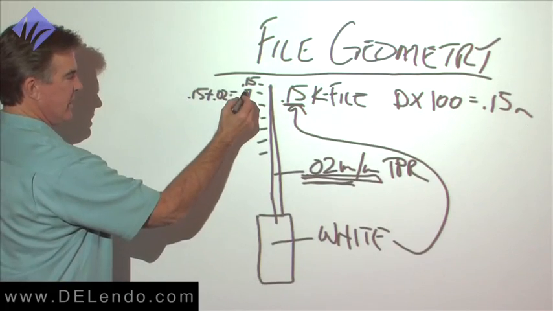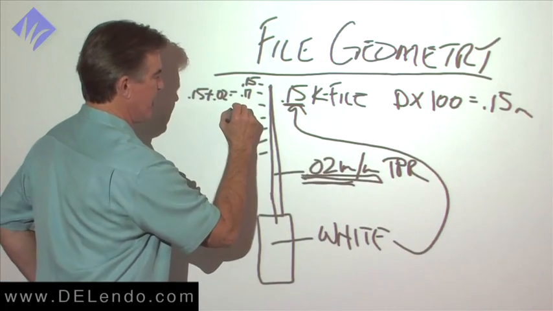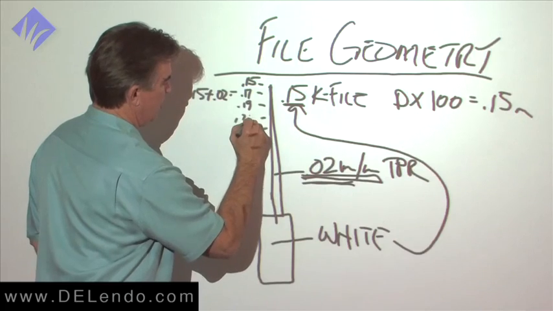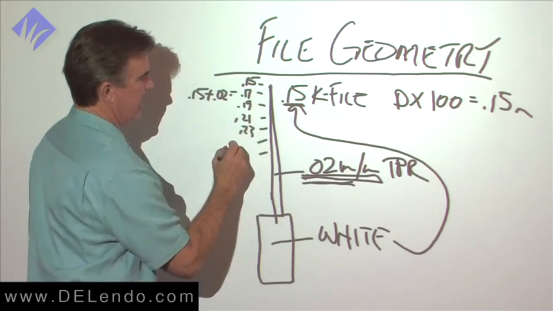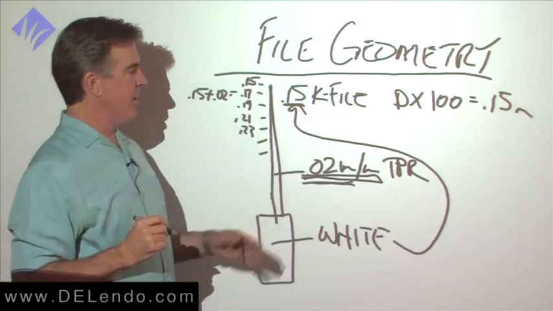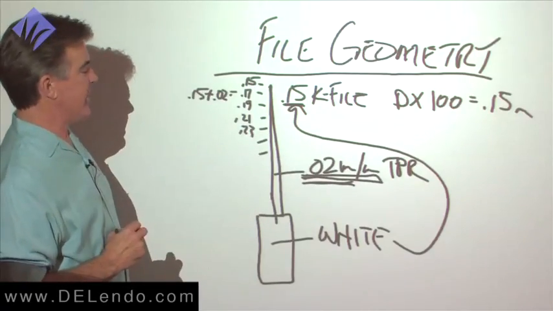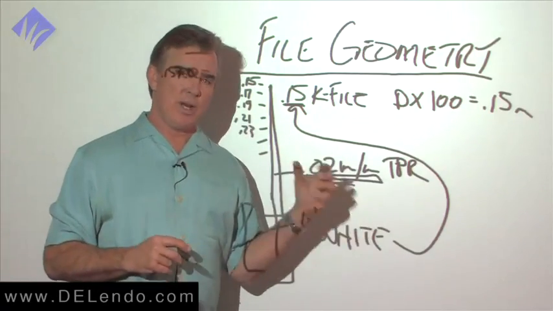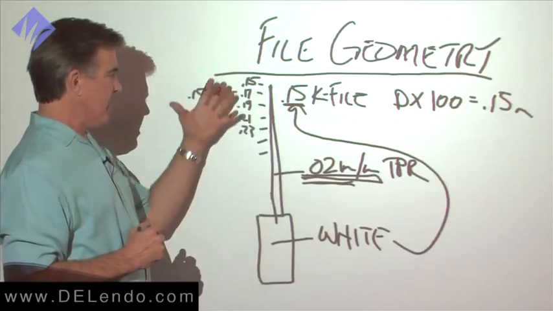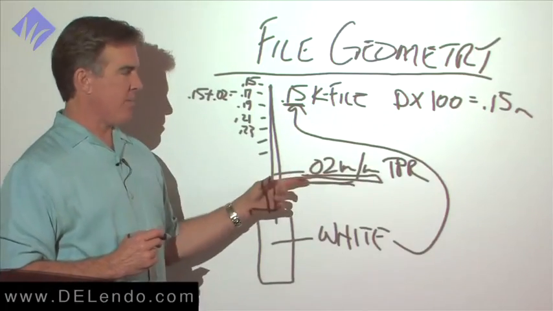We add that increase every time, so we get 0.19, 0.21, and so on. A slow increase in diameter. We'll talk later about functional characteristics of different tapers, but I thought we need to start with the naming convention of the geometries and how we describe the tapers.